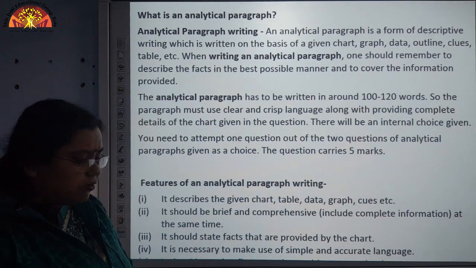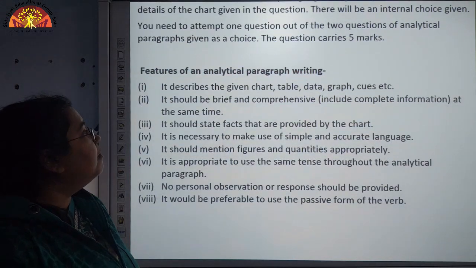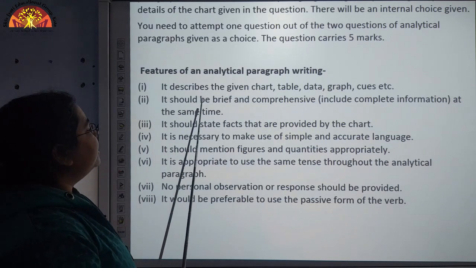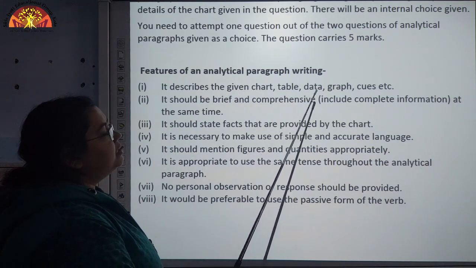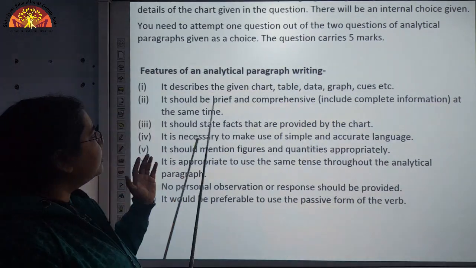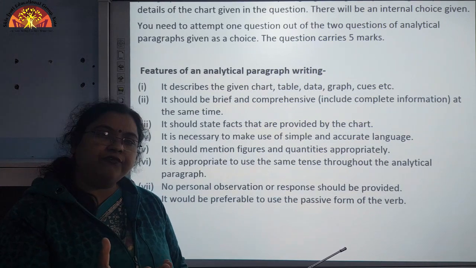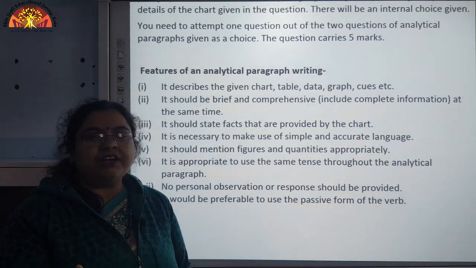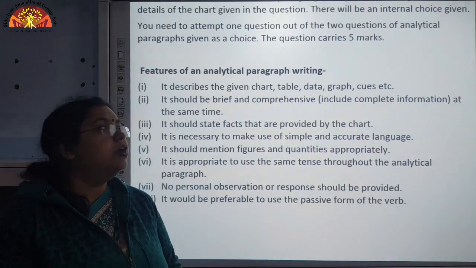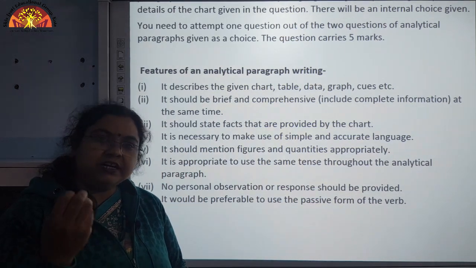Now let us move further to discuss the various features of how we will write an analytical paragraph. First, it describes the given chart, table, data, graph, cues, etc. Whatever is provided to you in the question, you have to follow that information, whether it is in a pie chart form, a graph form, a line graph form, a table form, or certain cues.